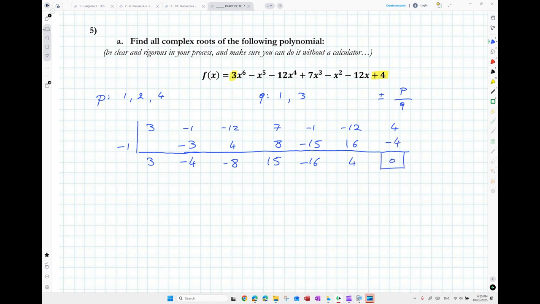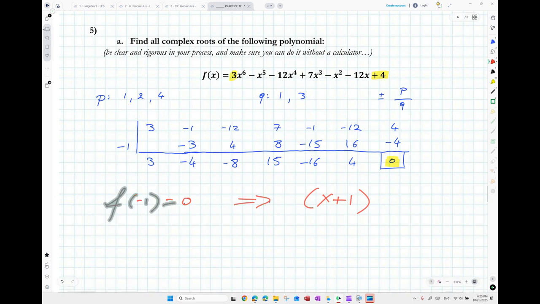I know that I am successful when the remainder is 0, which allows me to apply the factor theorem. Why? Just a little reminder. That means if we use that as a synthetic substitution, that f of negative 1 is equal to 0. Therefore, x plus 1 is a factor.